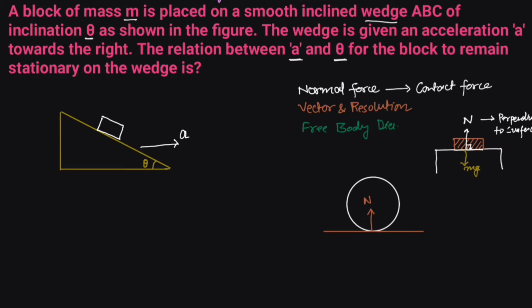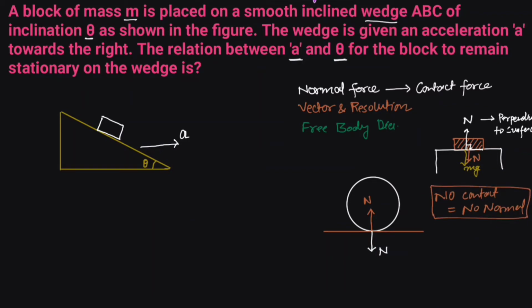Similarly, the ball would also apply a normal force on the surface. Here also, the table would apply normal force on the book, and the book would also apply a normal force on the table. If there was no contact between two objects, there would be no normal force. Normal force, being a contact force, comes into picture only when there is physical contact.